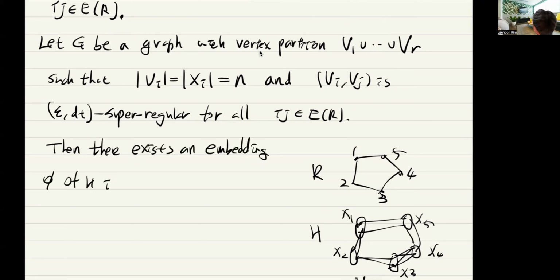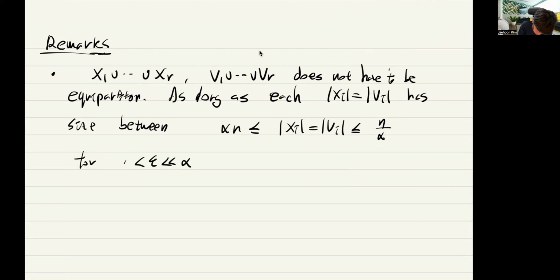sizes between alpha n and n over alpha, or alpha not too small, as long as epsilon is sufficiently smaller than alpha, it is okay.